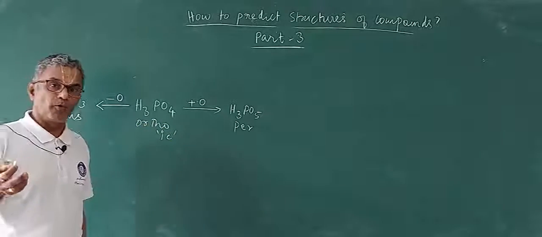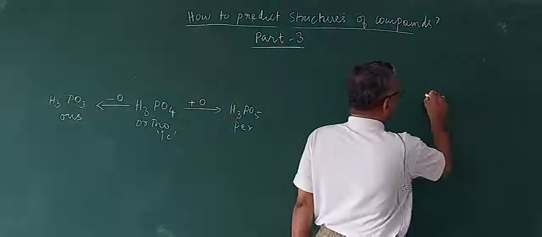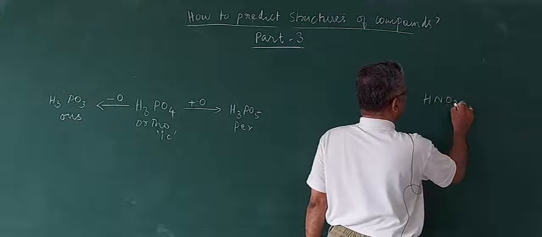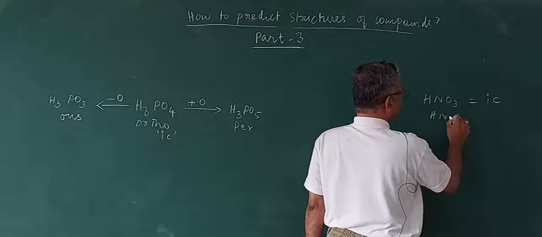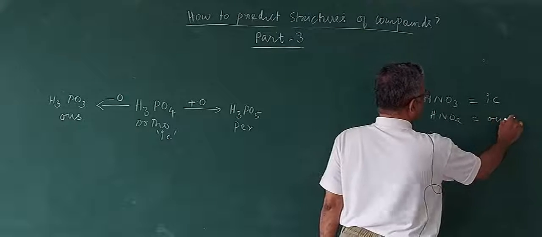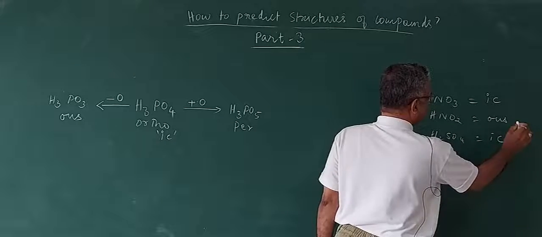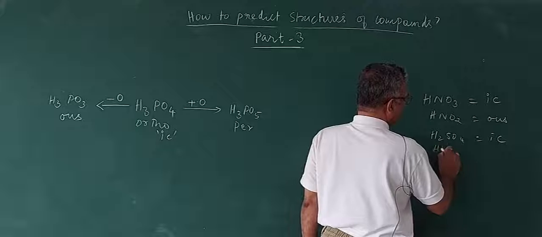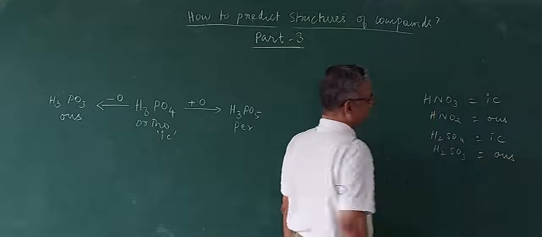If you remove one O from nitric acid, we call that nitrous acid. I will just mention it here. We have HNO3, which will be called nitric acid, and HNO2, which we call nitrous acid. Similarly, H2SO4 we call sulfuric acid, and H2SO3 will be sulfurous acid.